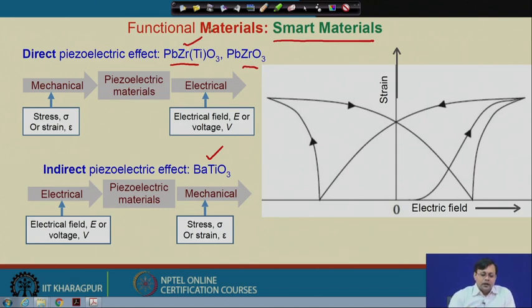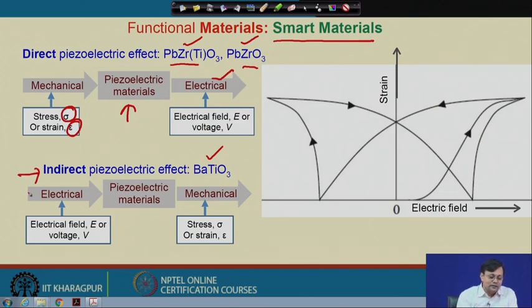We need to look at what we really do using these piezoelectric materials. There is a very interesting phenomenon: if we take such piezoelectric materials and apply some stress or strain, then we can generate some electrical signals, and this is very interesting actually.